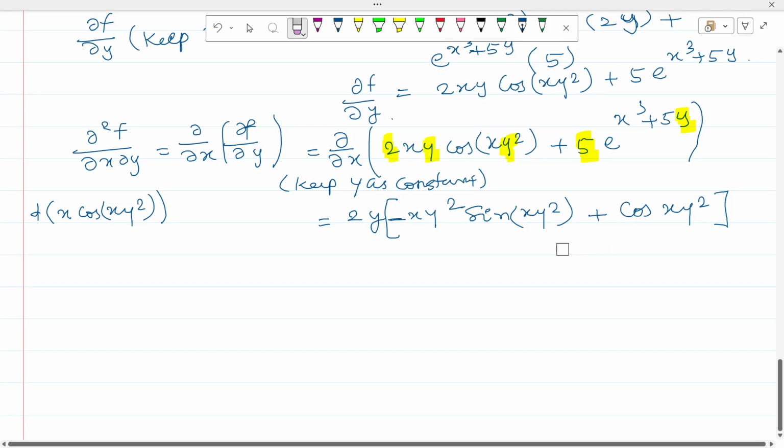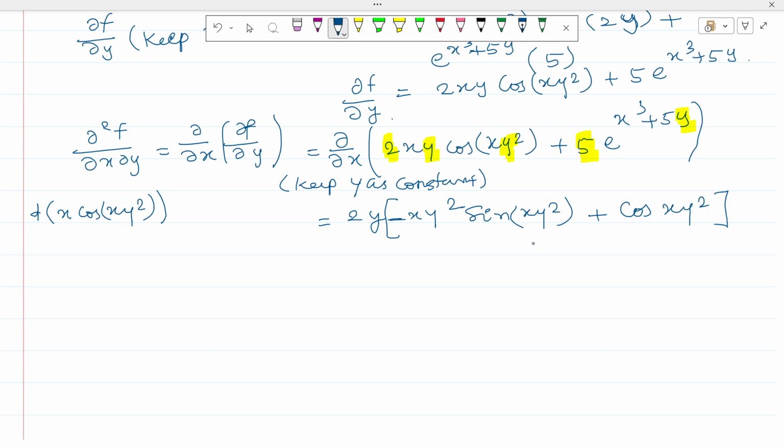The term is plus 5 e power x cube plus 5y. Differentiation of x cube plus 5y is 3x square.